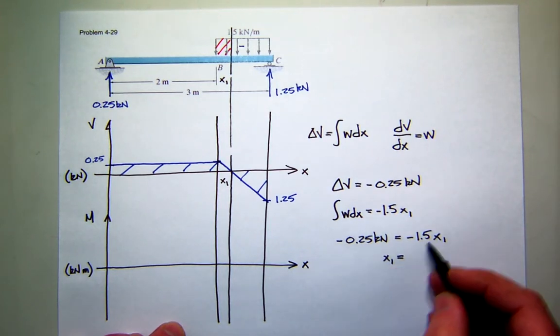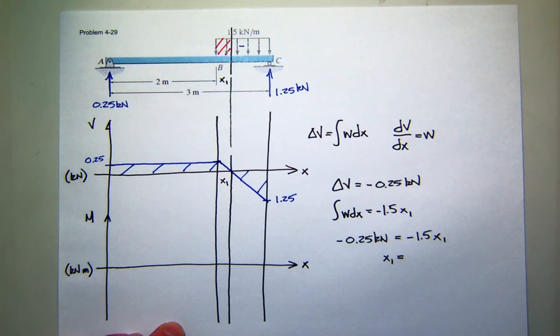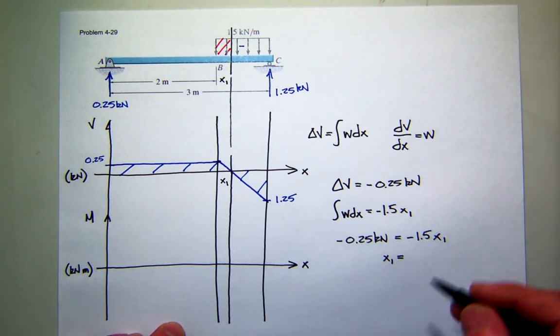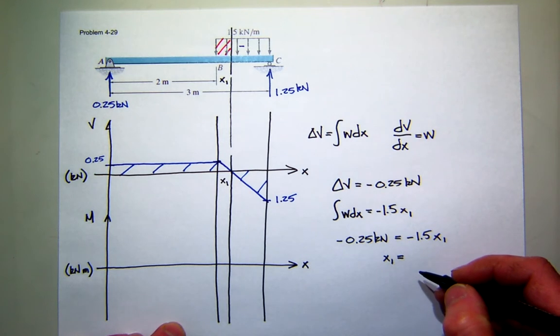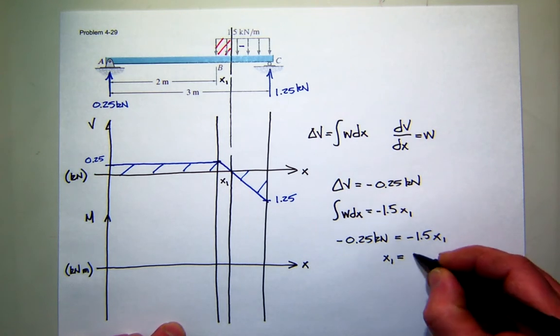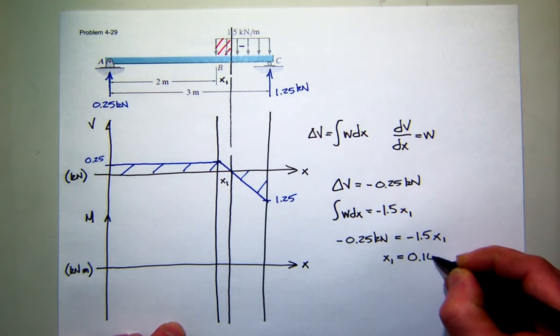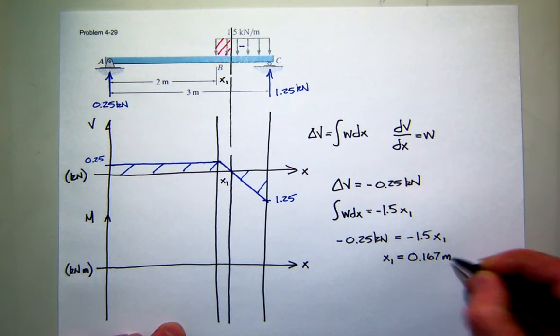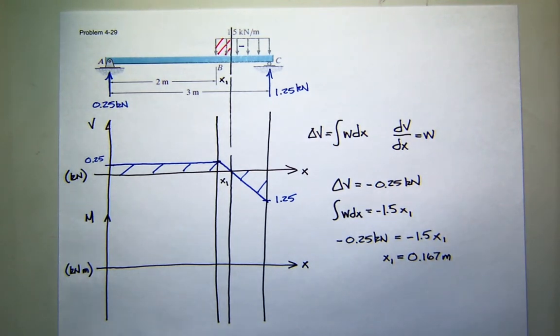Whatever that is divided by 1.5. Pretty small. One sixth, right? So 0.167, and that's meters.